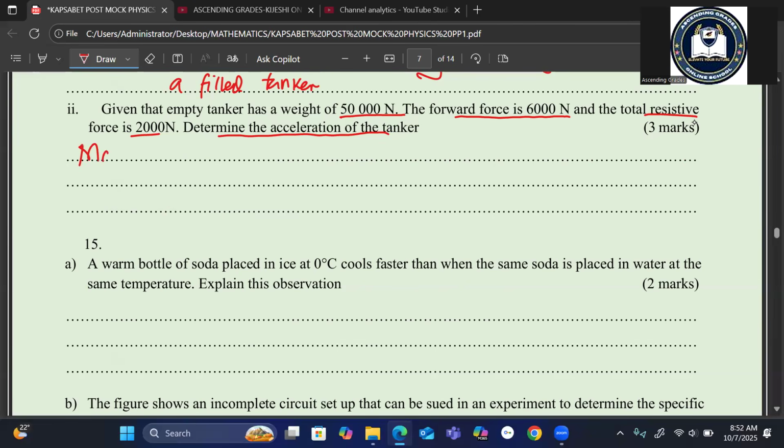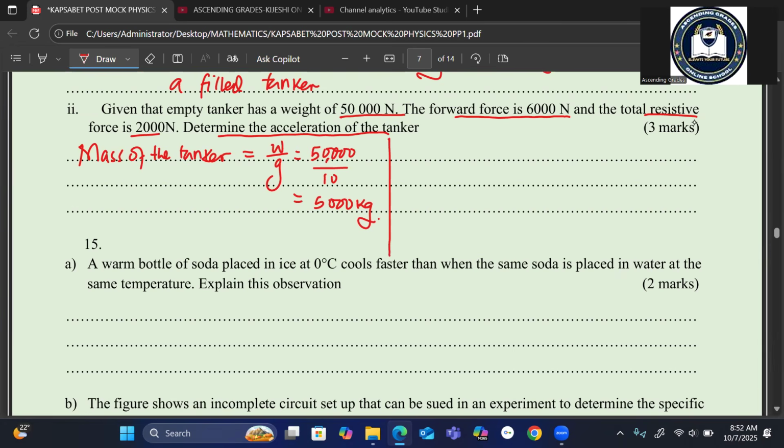Mass of the tanker will be given by weight over g. And this one is 50,000 divided by 10. And you are going to get 5,000 kilograms.